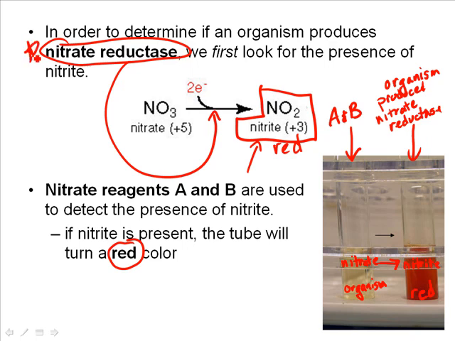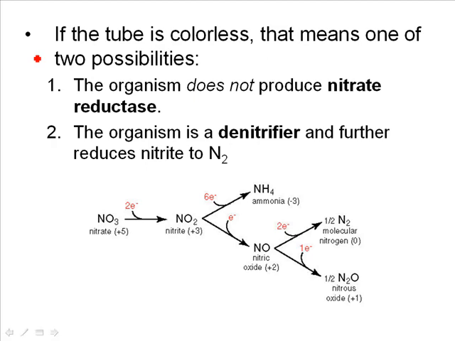Now, we have a problem, okay? What if the tube remains colorless? What if it doesn't turn red once you add reagents A and B? That's not necessarily an easy interpretation. All right, there are 2 possibilities for that, or 2 interpretations, if you will. The first interpretation is the easiest. If your tube does not turn red, that means your organism did not produce nitrate reductase.